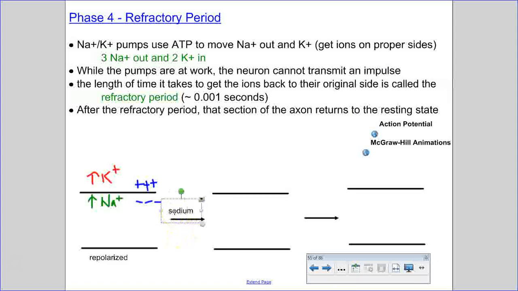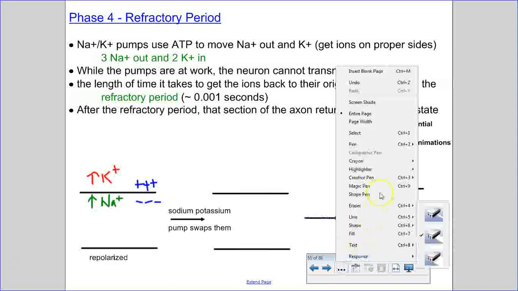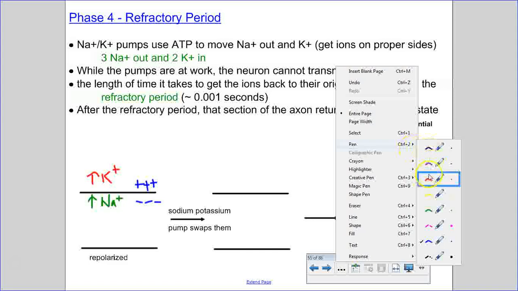The sodium-potassium pump kicks in, does its job. Not very good terms, but it's just to give you an idea. You're not going to have to draw all these for me, but it is to help you understand what it is that's happening, what's flowing which way.